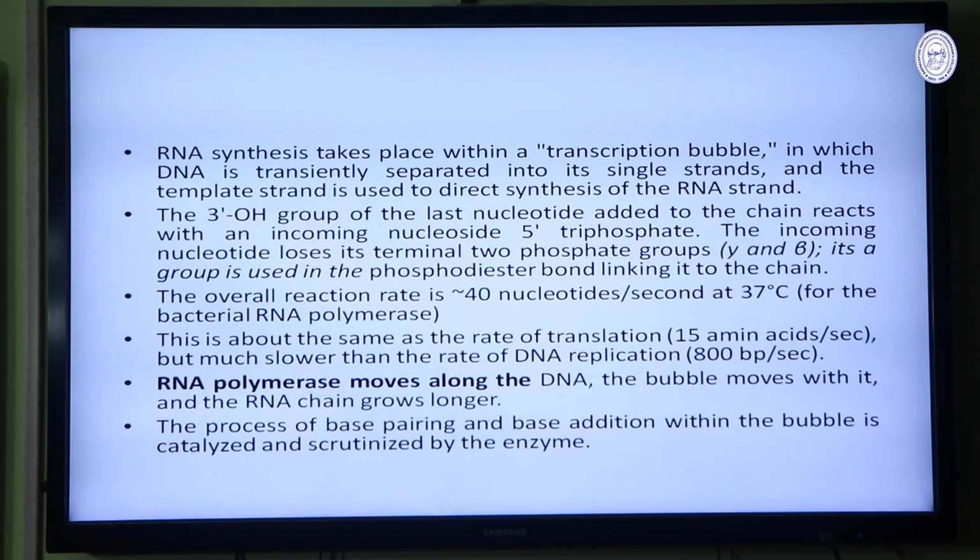The alpha phosphate is involved in the phosphodiester bond formation reaction, and the beta and gamma phosphates are liberated as pyrophosphate, and this pyrophosphate is later cleaved by the enzyme pyrophosphatase to generate 2 inorganic phosphates. The RNA polymerase moves along the DNA and the transcription bubble moves with it, as I have already said.